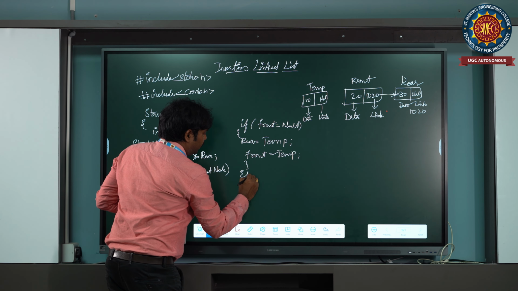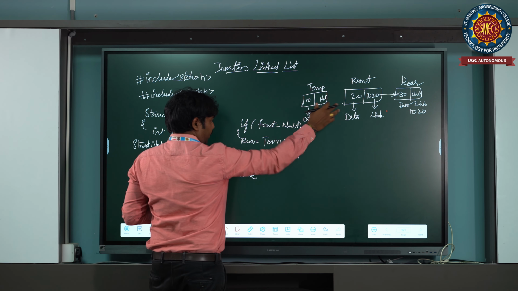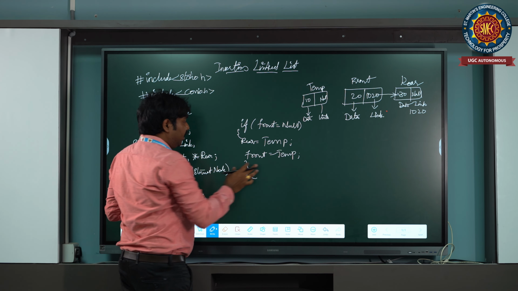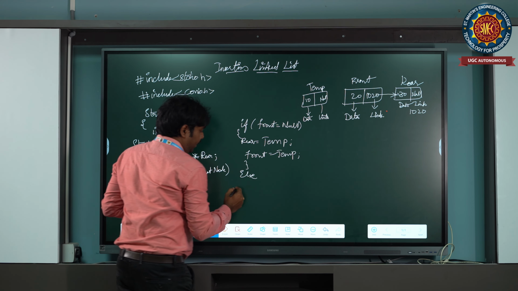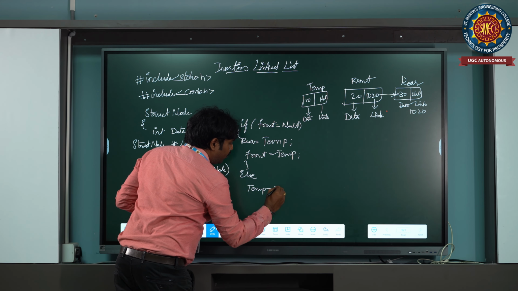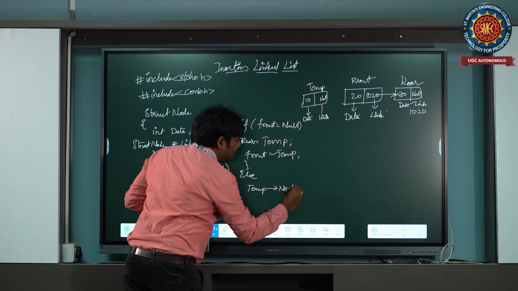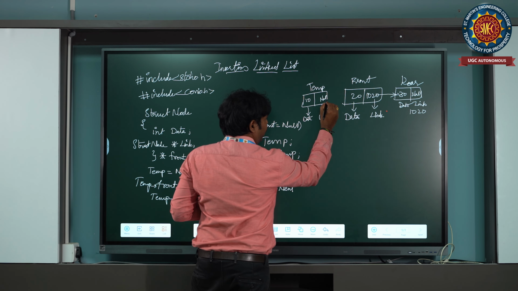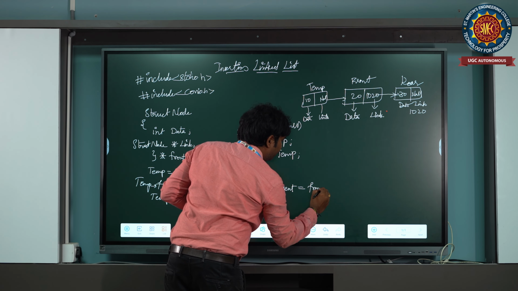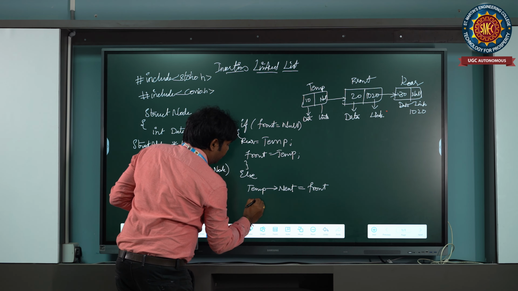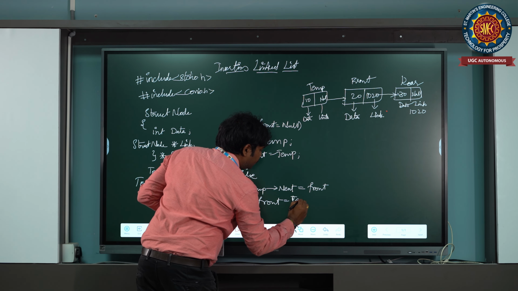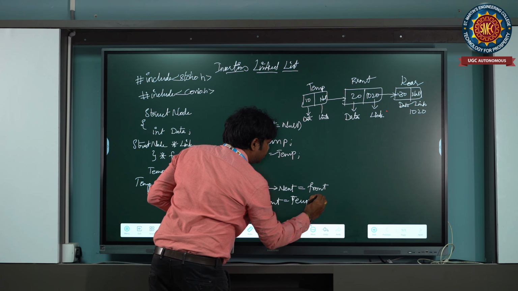Else, if there is nothing there, it will be inserted directly. But if there are already elements, then temp of next is linked to the front, equal to front, and front equal to temp.